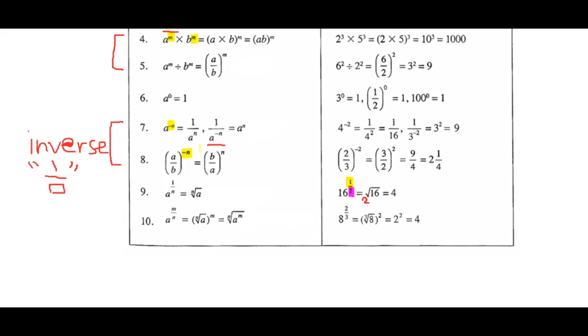So what this means in the general form is that if I have any number to the power of 1 over, because it's a 1 over, it represents a root, okay? And this number at the bottom here will tell me what the root is. So it's root n, because the number here is n. So 1 over represents a root, and the degree of the root will be determined by the number at the bottom, which is n.